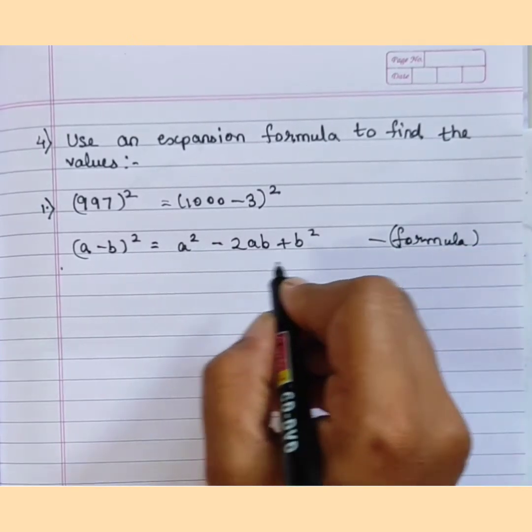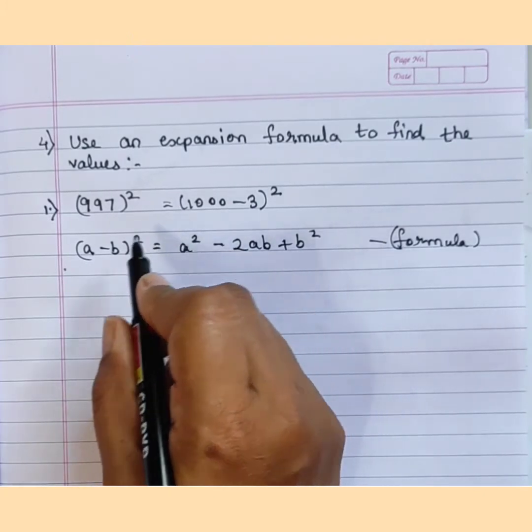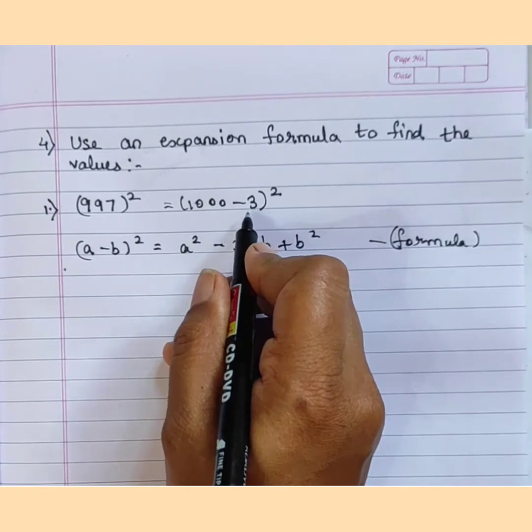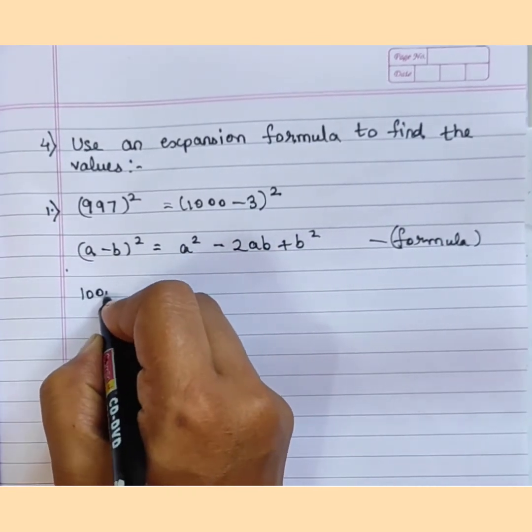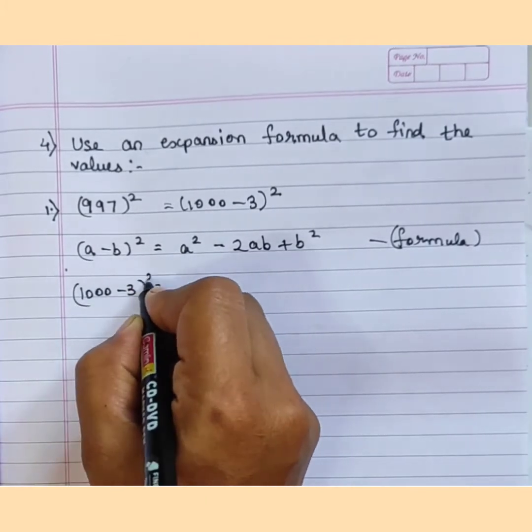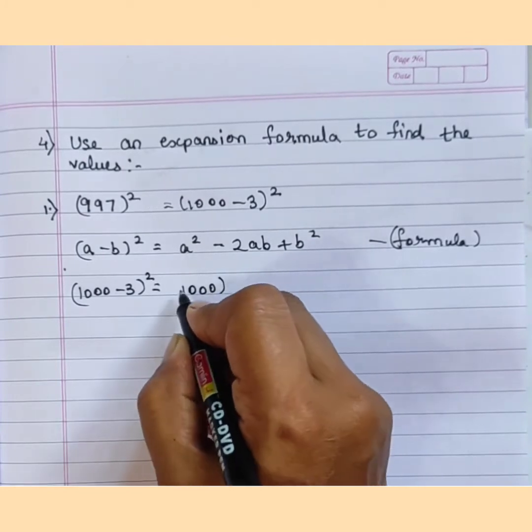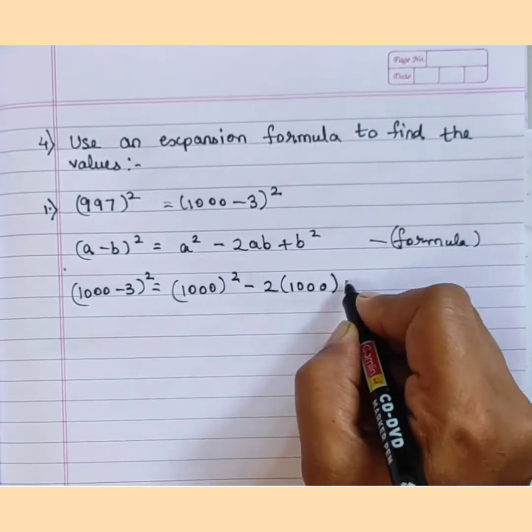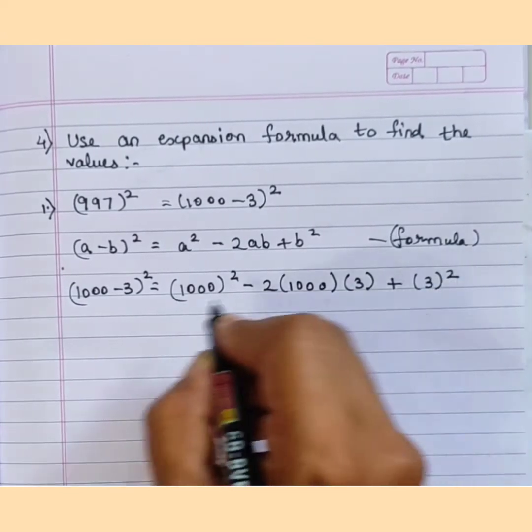So now we will substitute the numbers in the expansion formula, that a is 1000, b is 3 we are going to consider. So now 1000 minus 3 the whole square is equal to a square, means 1000 square, minus 2 into 1000 into 3 plus 3 the whole square.